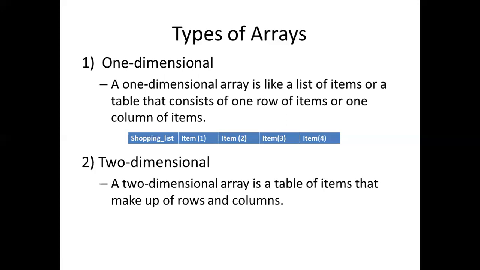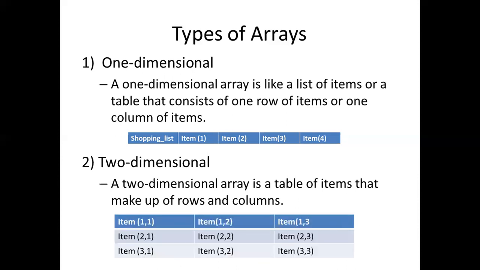When it comes to 2-dimension, the 2-dimensional array is when you have a table that is made out of columns as well as rows. So that becomes a 2-dimensional array. If you look at how it is, this becomes the row.